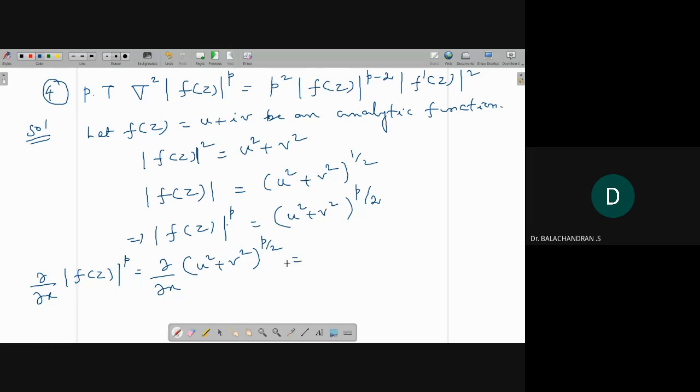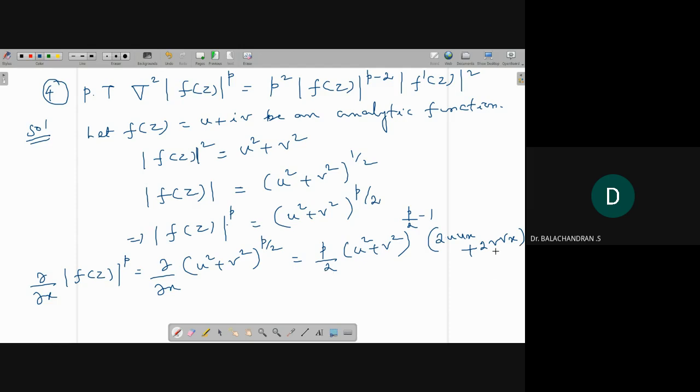If you differentiate this, p by 2 into u square plus v square whole power p by 2 minus 1 into 2u ux plus 2v vx.